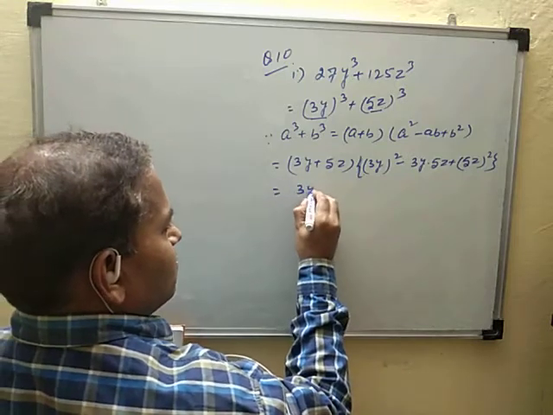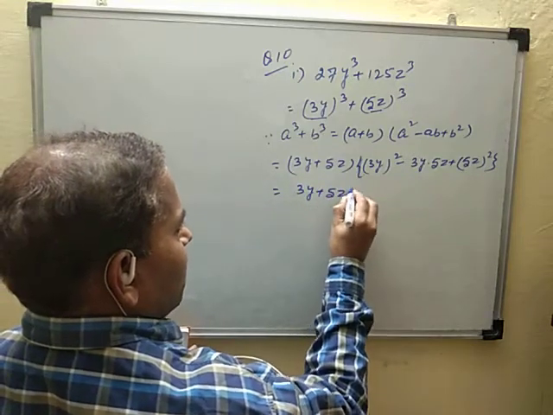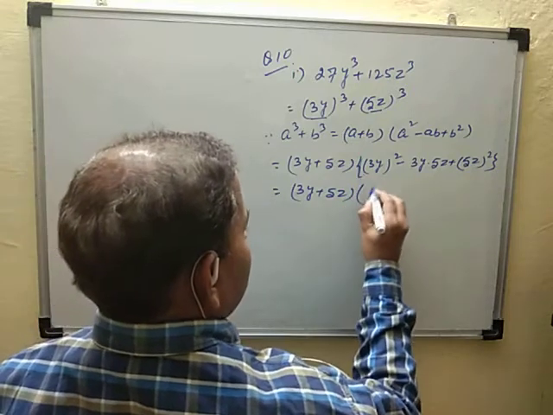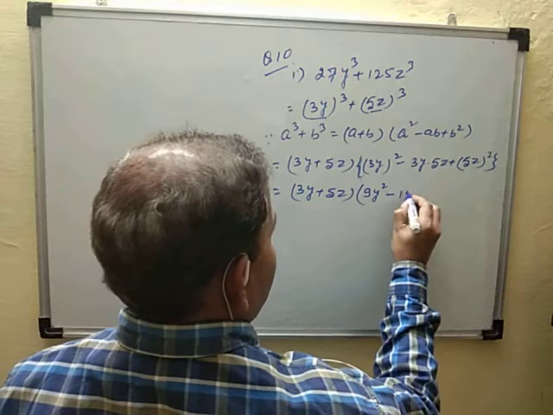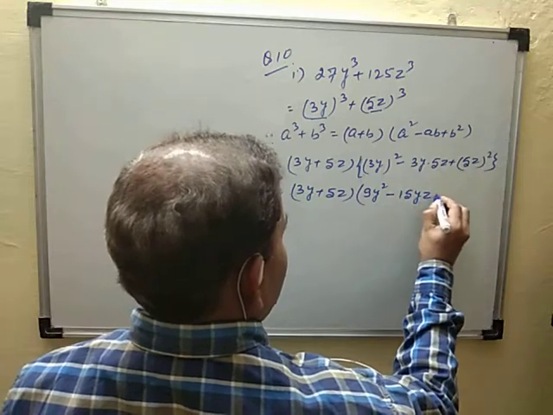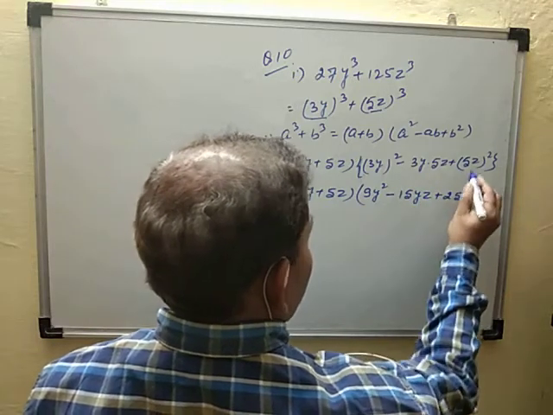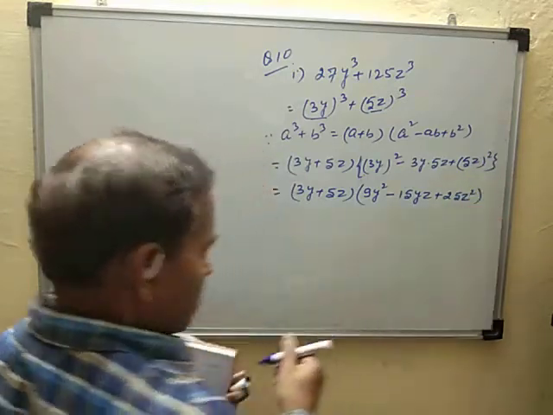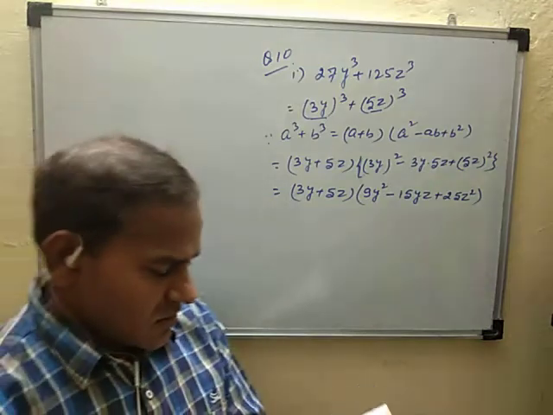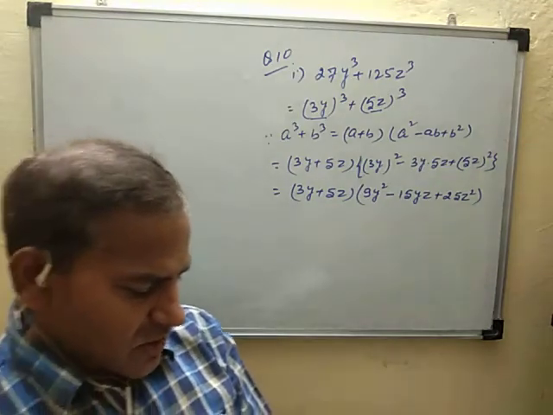So this equals (3y plus 5z) into (9y square minus 15yz plus 25z square). So this is the factorization. The second part is the same.